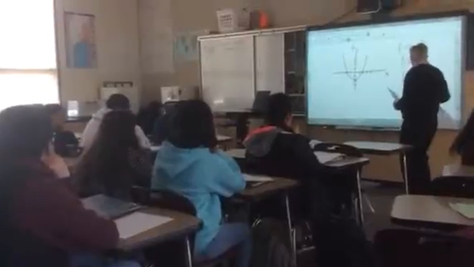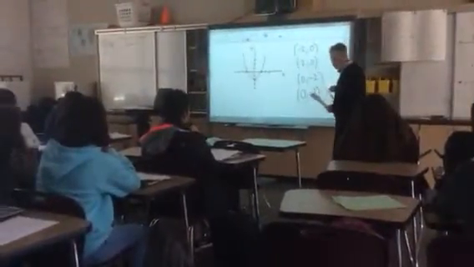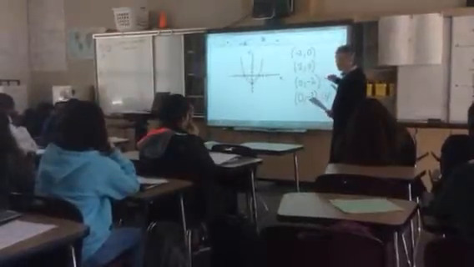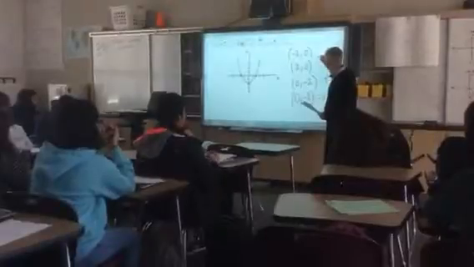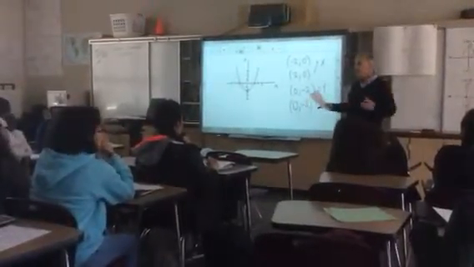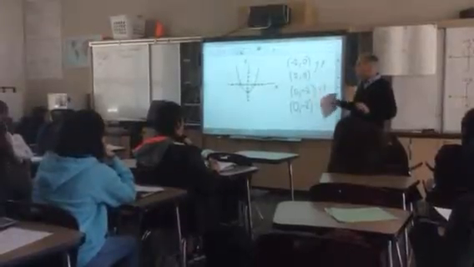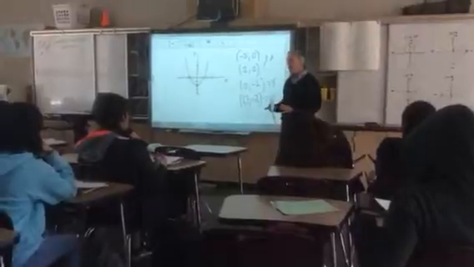Yes. Okay. In this case, the vertex is the same as the y-intercept. And here we have 2 x-intercepts. And that's the information that really gives us the basic shape of the parabola.